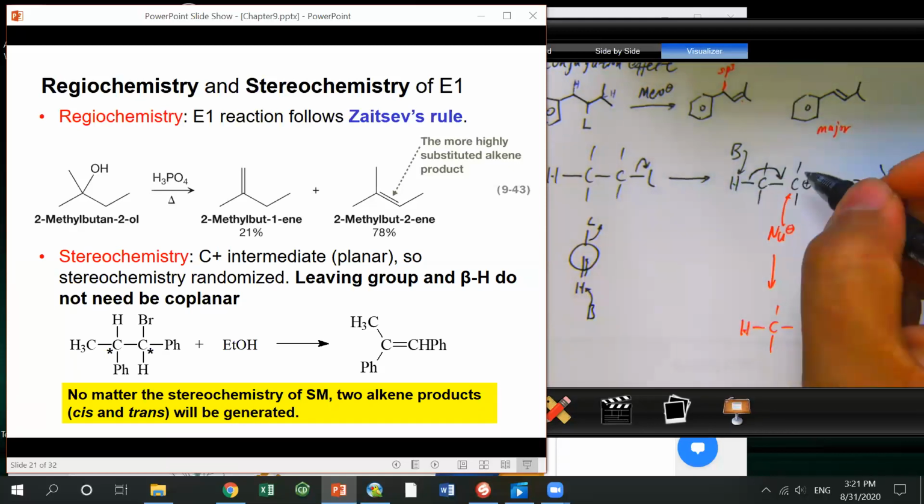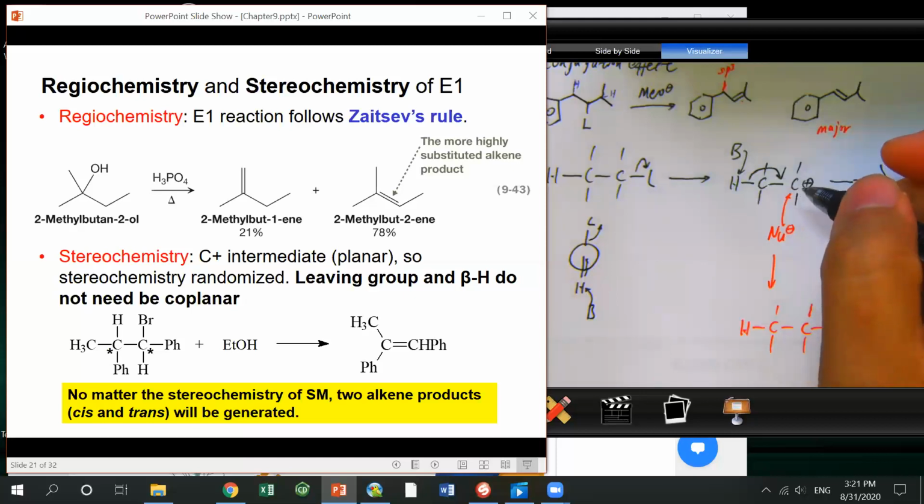For the E1 elimination, there's no such requirement, as long as there are beta hydrogens that you can eliminate.